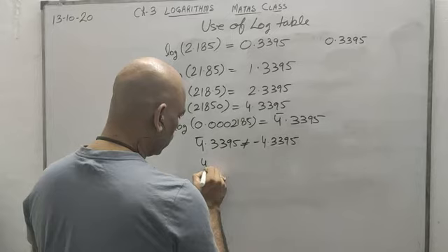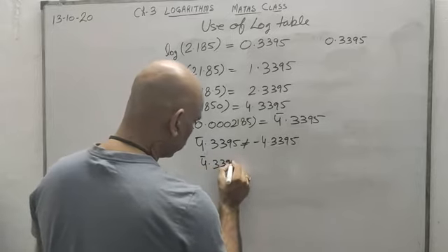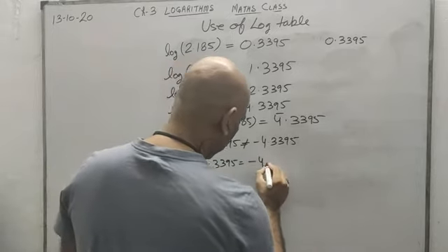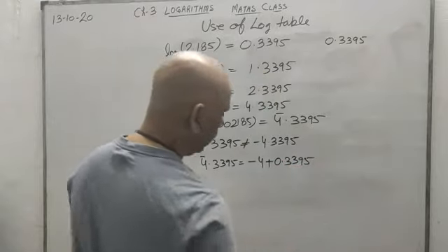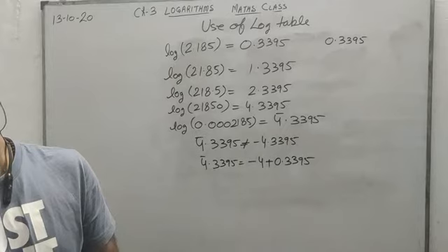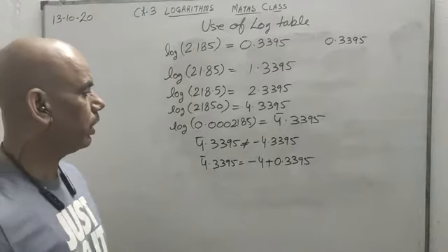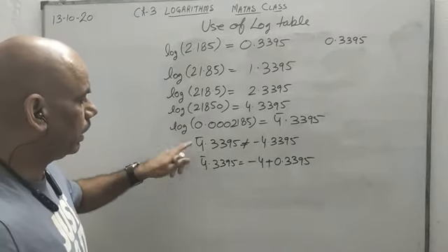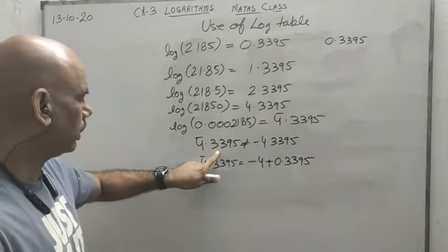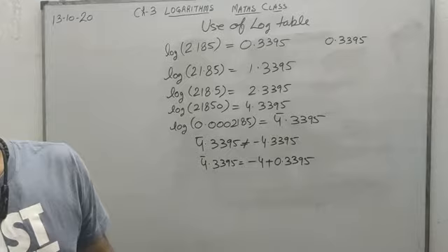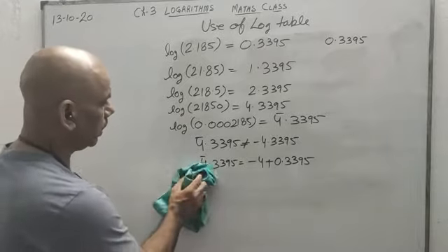It means negative 4 and 0.3395, where 3395 is positive here. So it is very important to understand that there is a difference between these two. This and this are not same. So I'm very sure it is clear to you.